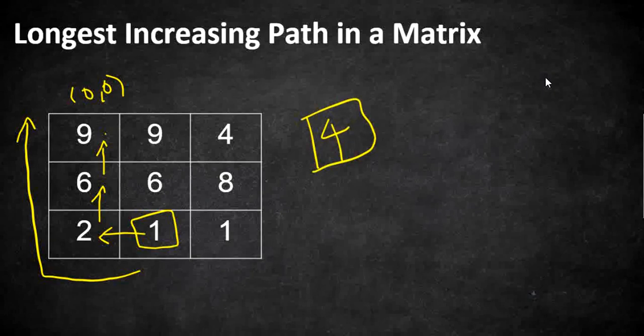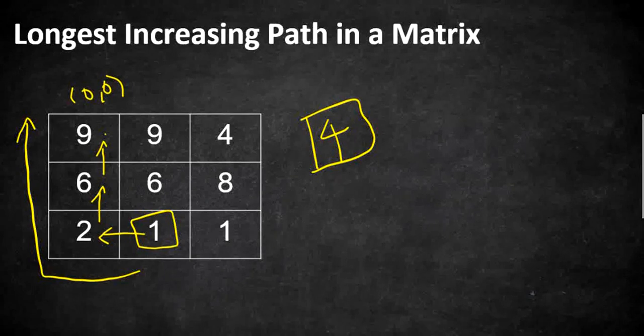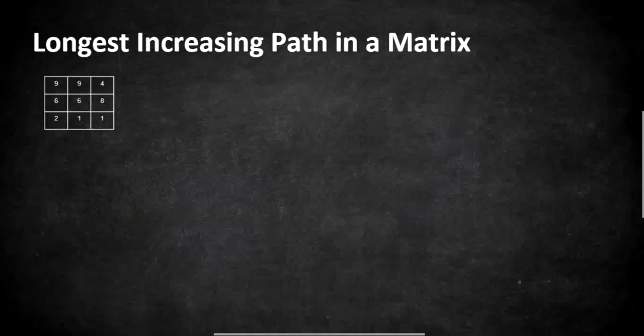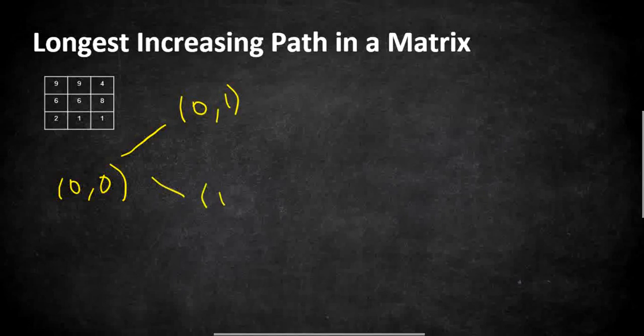So how are we going to approach this problem? We can use any traversal technique, either breadth first search or depth first search. Today we are going to use a recursive DFS solution to solve this problem. We are going to start from the leftmost cell, that is 0, 0. As we have explained, it can move in two directions, that is to the cell 0, 1 and 1, 1.